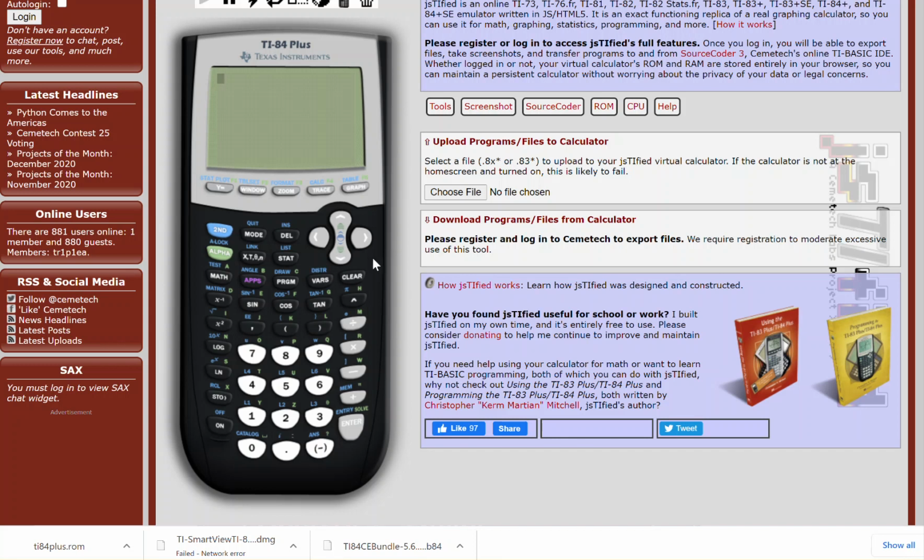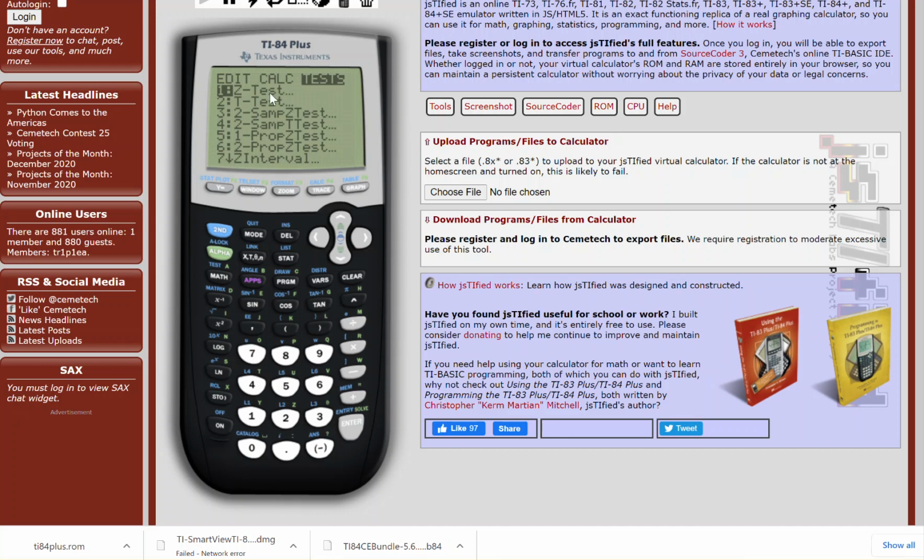functions. Here we first use the STAT function, and then here you have TESTS, right? So then we go to the right. In this menu, we have all the possible tests that the calculator can provide. The first one is the Z-Test.